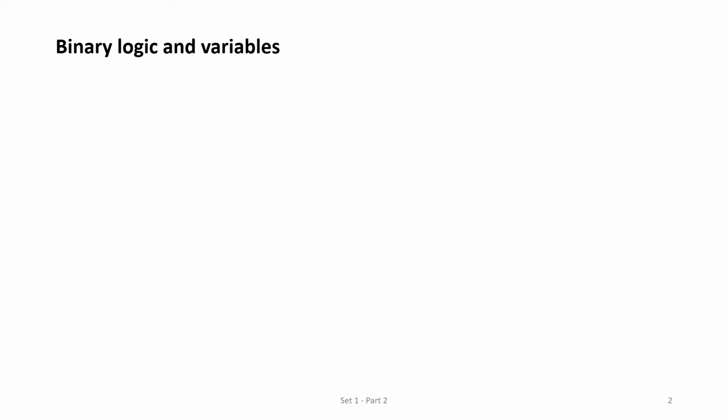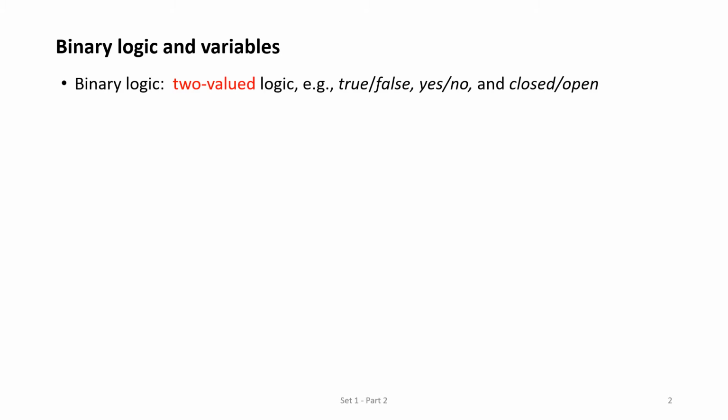Binary logic and variables. Binary logic is two-valued logic. That means it could be like true, false, yes, no, and say closed, open.